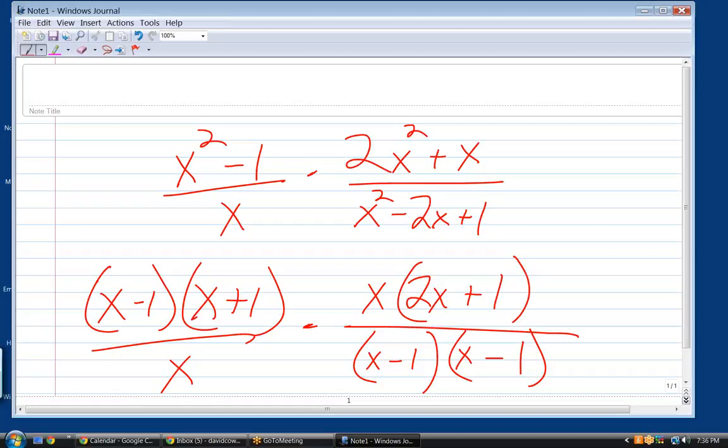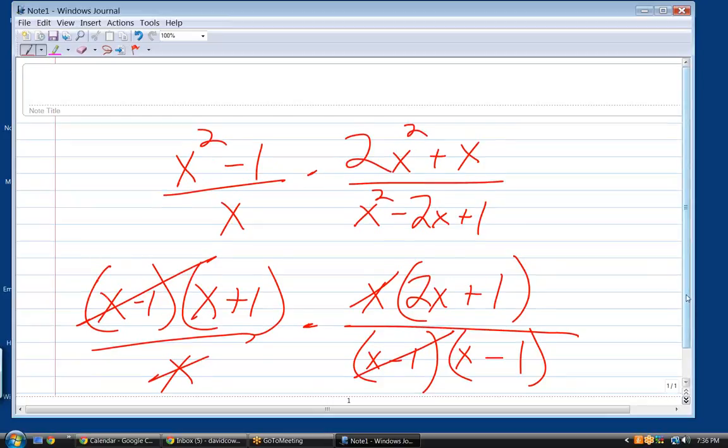So anything that's the same, we can cancel. In other words, I can cancel that x minus 1 with one of these x minus 1s. I can cancel this x with this x. And when I say cancel, I really don't mean cancel. I mean divide top and bottom by that, leaving a 1 behind. Okay.